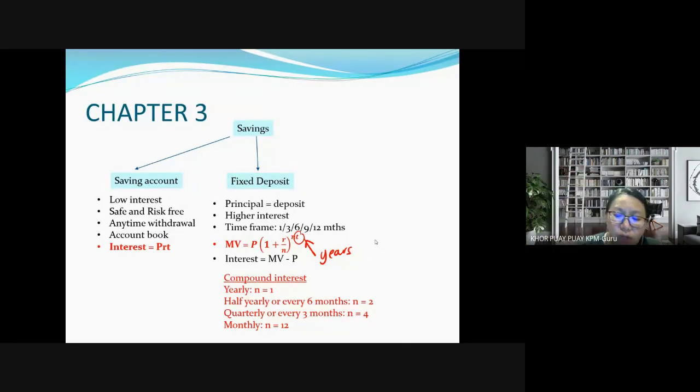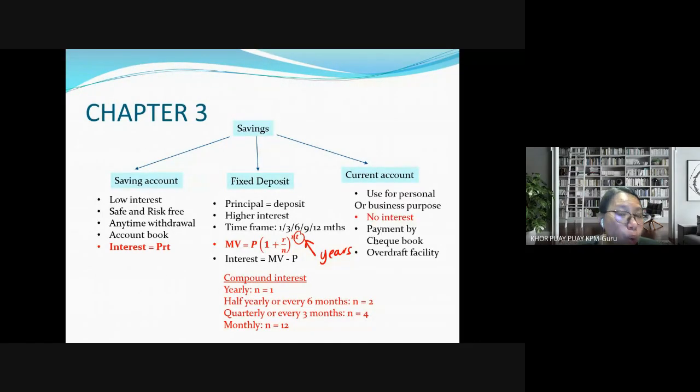All right, so this is the second saving. Now the third saving is called current account, and this current account does not have interest at all. But why do people use it when the bank doesn't give you interest? Because there is something else they can use. For example, they can use a checkbook. They can also use an overdraft facility. Overdraft means, for example, you have 100,000 ringgit inside, but suddenly you need to pay your supplier for business more than the amount of money that you have.